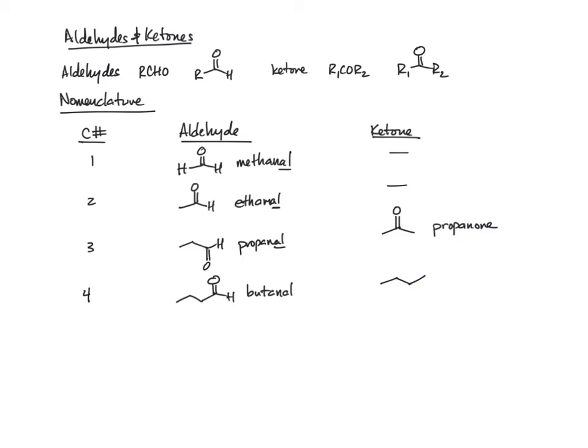So here, we're making the same thing. Let me just draw that again. I put it there. Those are both the same compound. So this is going to be butanone. So again, O-N-E.